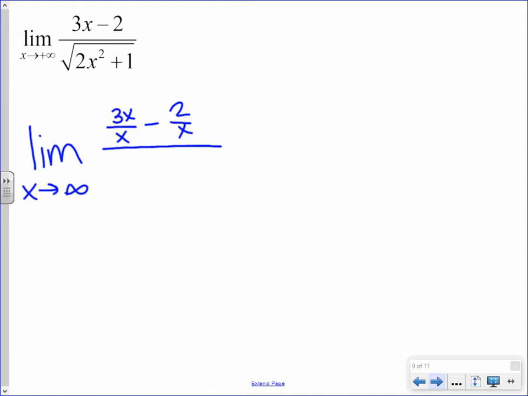Now, when we're under the radical, x is the same thing as the square root of x squared.